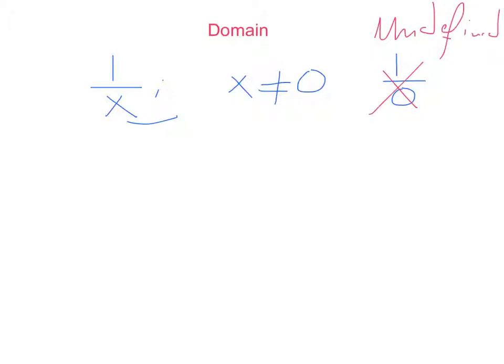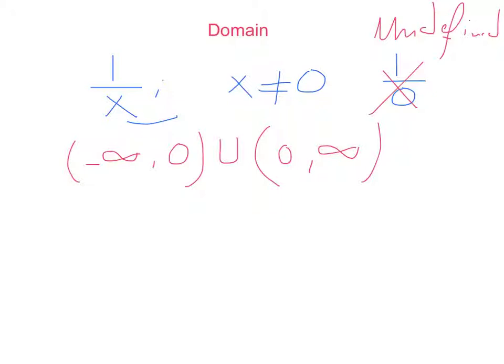So x is all values from negative infinity to positive infinity, and 0 should be excluded from the domain. So the domain is all values except 0.